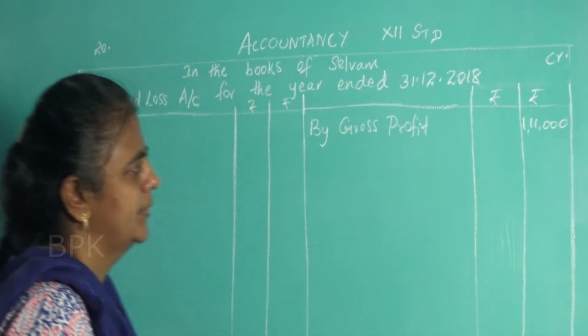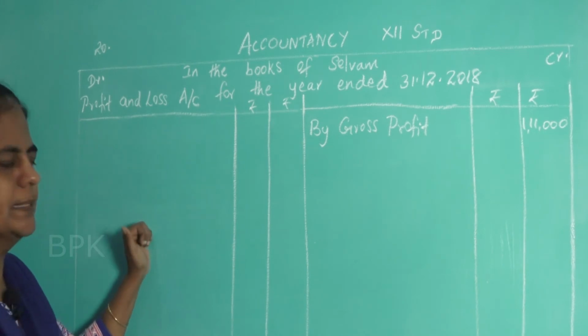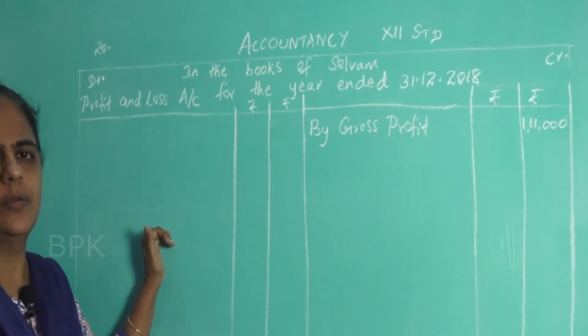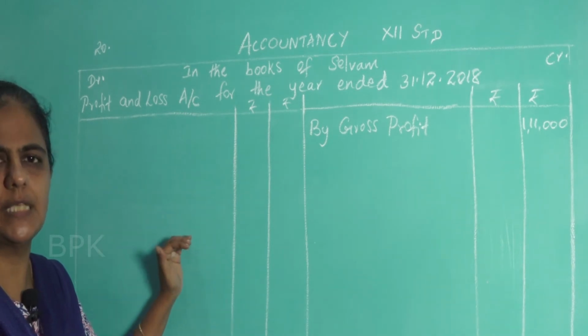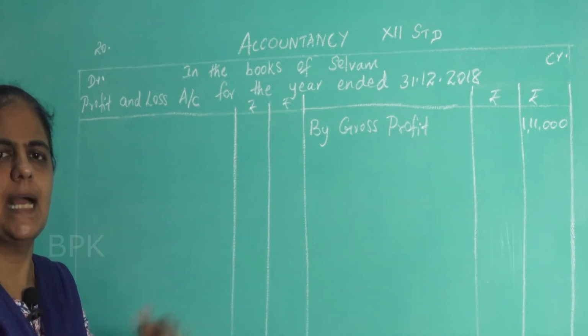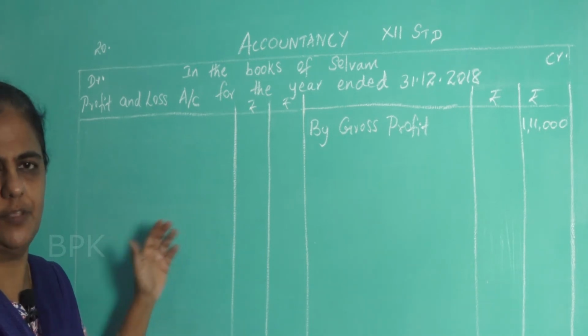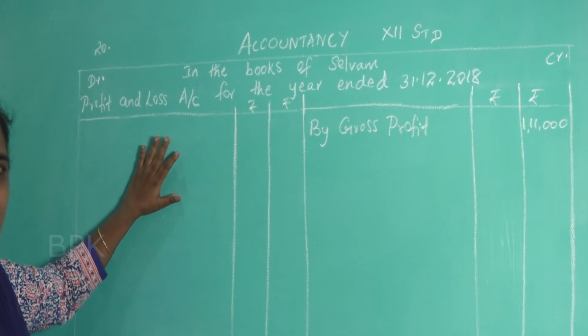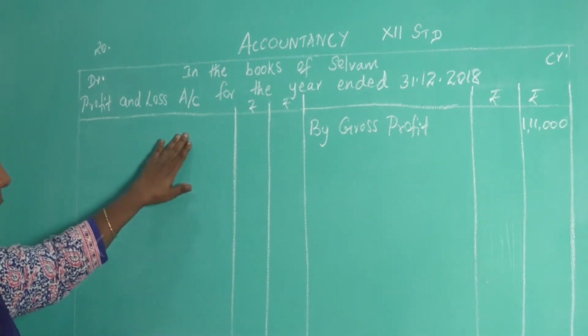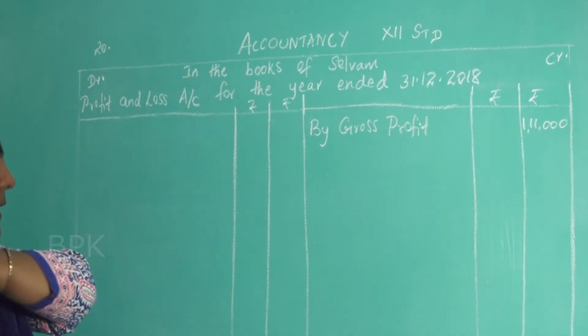Okay. Then, what are the expenses related to administration, or all the expenses which take place after the manufacturing of the product? Only those expenses we have to show in the profit and loss account. Okay. So see the question, what are the other expenses shown there?